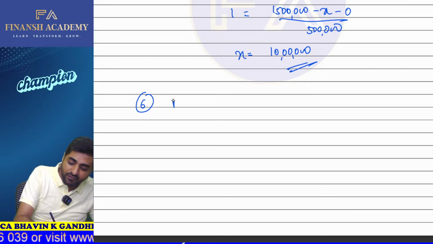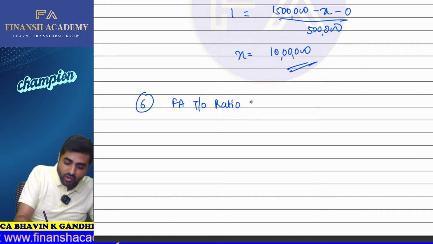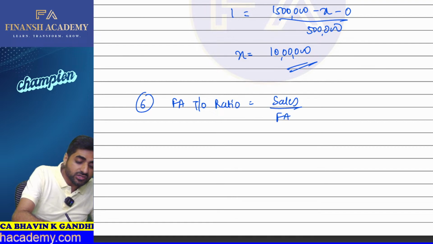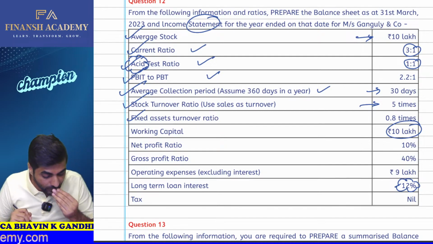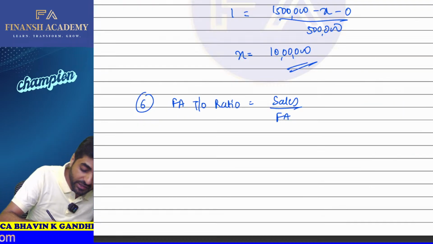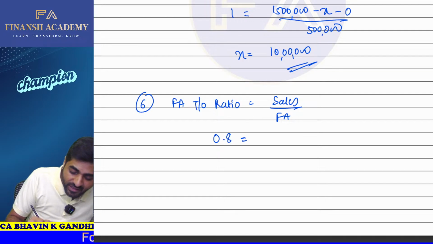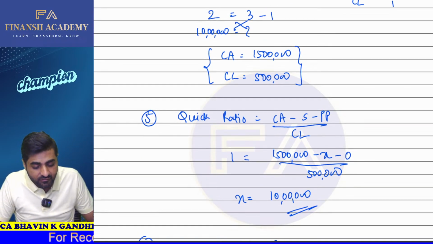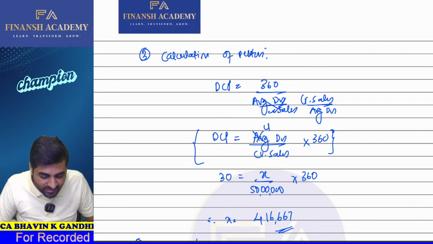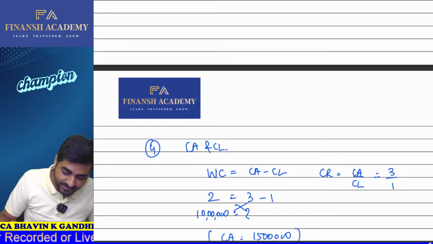So what's the formula for fixed assets turnover ratio? Your fixed assets turnover ratio is sales upon fixed assets. So what's the turnover ratio? Just check. The turnover ratio is nothing but 0.8. Do I have the amount of the sales? Yes, sir. We got the amount of the sales, which was 50 lakhs.